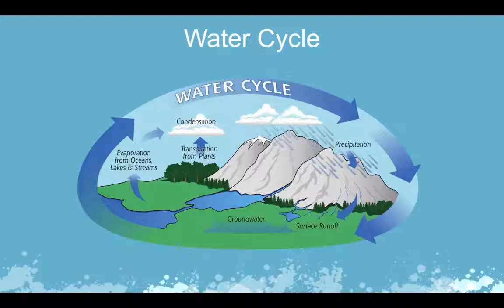You are also seeing evaporation of water from plants in a process known as transpiration, and that combines with the evaporation from oceans, lakes, and streams, which, as it condenses, produces heavier clouds that, as they go over mountains, or run into cold fronts, etc., you see them lose that water in the form of precipitation.